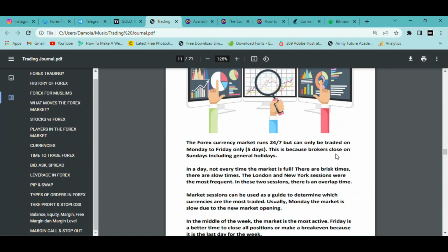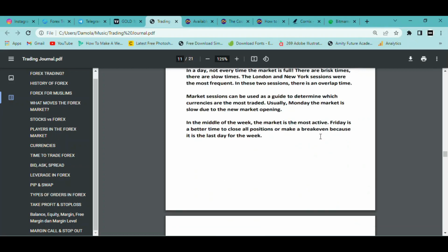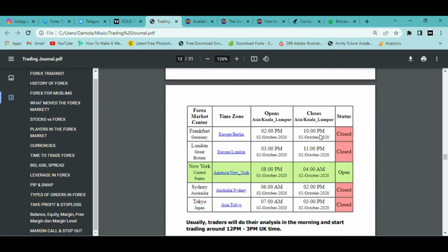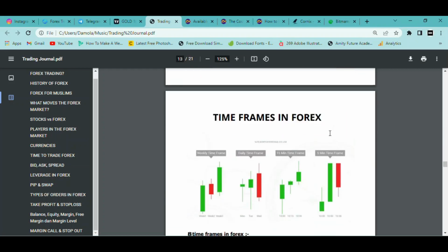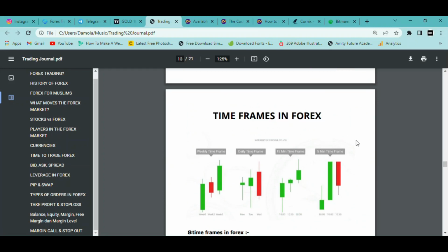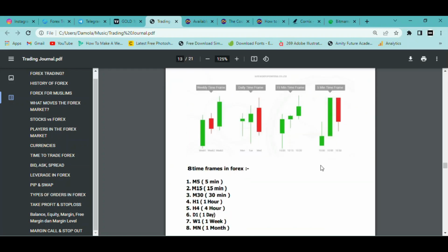Now, time to trade. The Forex market opens from Monday till Friday, so it's just 5 days. Just take note of that. Now we have time frames in Forex.